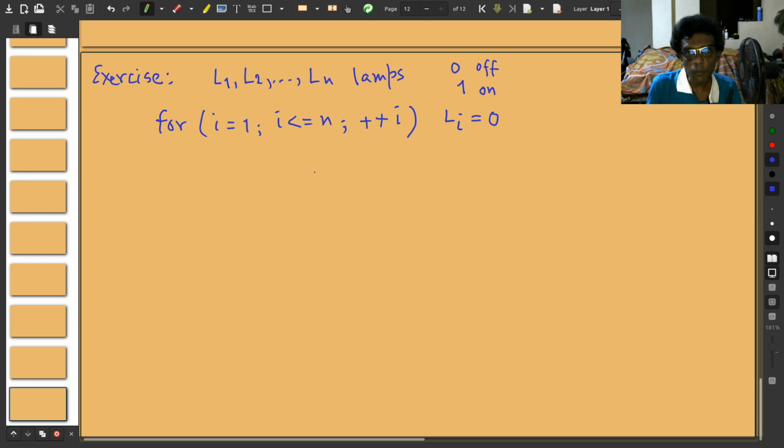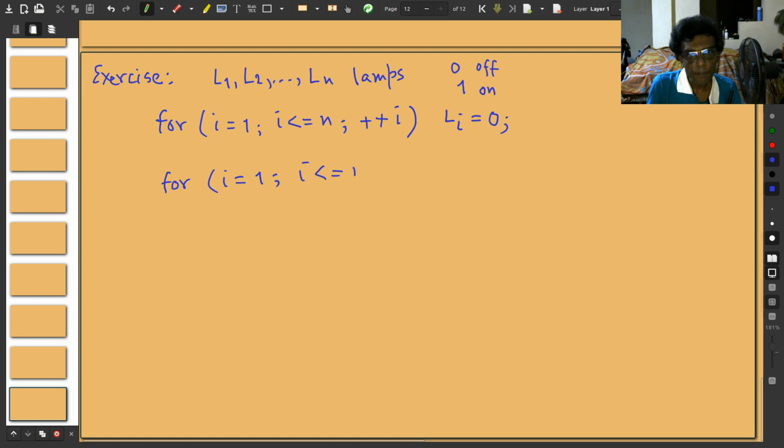Then you have this loop, and the lamps may be considered as array elements L within square brackets i. Then for i equal to 1 to n, plus plus i, for j multiples of i, so j equal to i, j less than or equal to n, j plus equal to i.